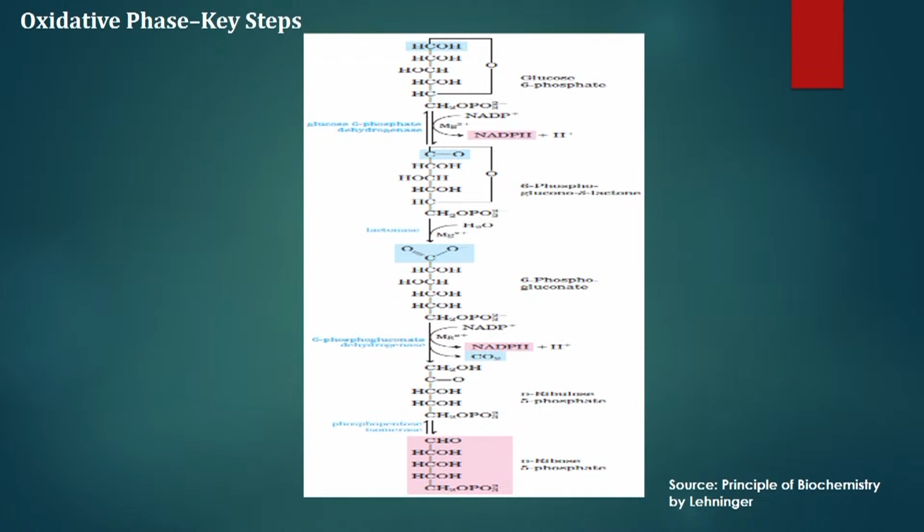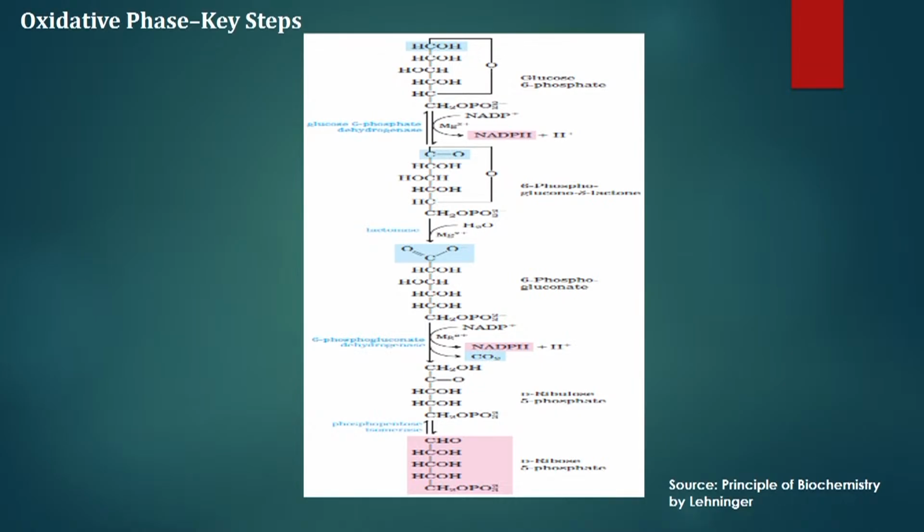And then this 6 phosphogluconolactone molecule is converted into the 6 phosphogluconate molecule, and that 6 phosphogluconate molecule is converted into another intermediate called ribulose 5 phosphate.